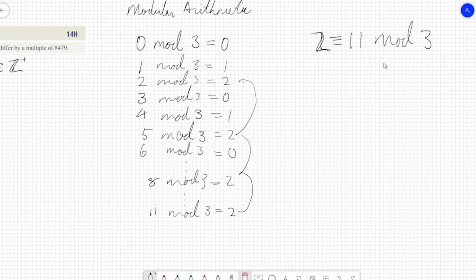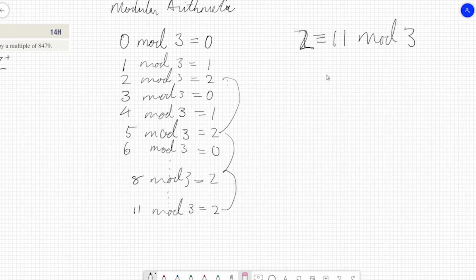That's just a different way of saying they give you the same remainder when divided by the same divisor. One interesting feature is the difference between congruent numbers for a specific modulus: 11 minus 2 equals 9, which is a multiple of 3.